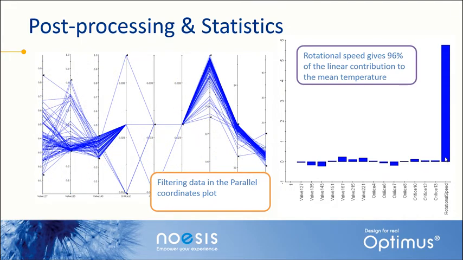This gives us quite a bit of information, knowing that the rotational speed is the most sensitive. And when we do our reliability assessment, we will apply our standard deviation, our variance, to the rotational speed in order to test the reliability.